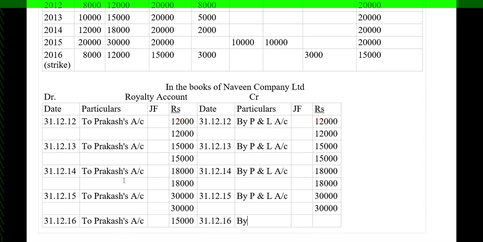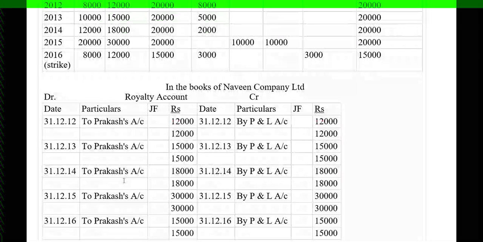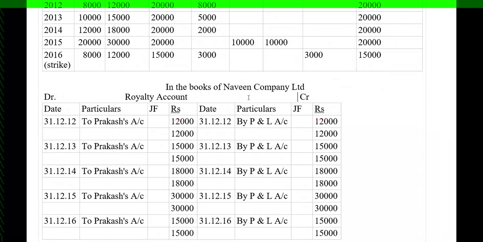So royalty account is credited by P&L account. So it is 15,000. So the total will be 15,000 here. Here also 15,000. So now we have prepared the royalty account, which is a nominal account here.